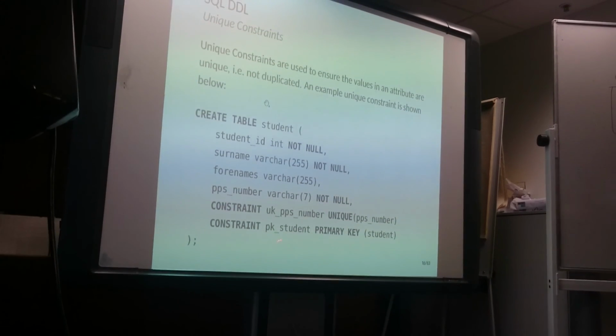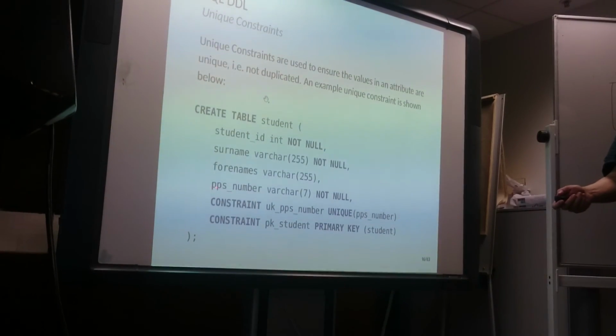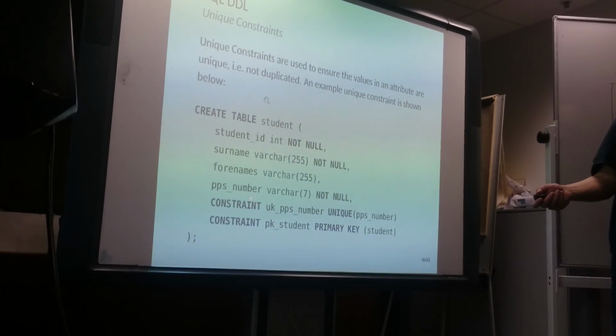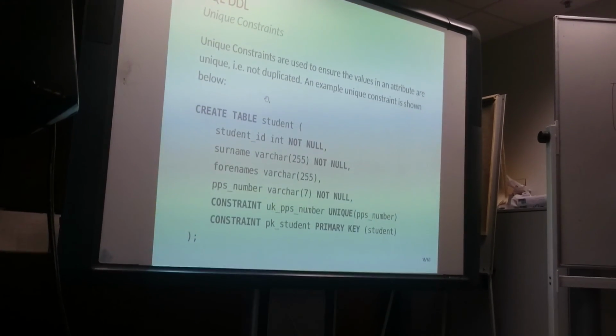So for instance, I have my student table with an attribute PPS number. I put in varchar 7, I could have put in char 7 or char 8. I've forgotten what the length is. It's either 7 or 8. And I have a constraint, UK, which I tend to use for unique keys, unique values.